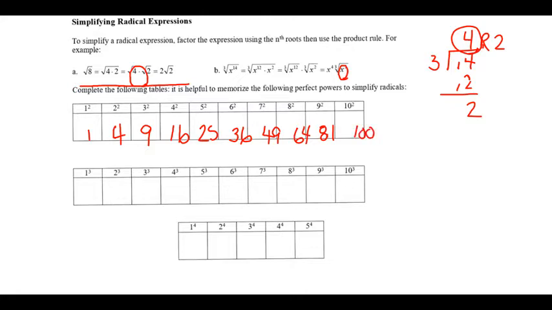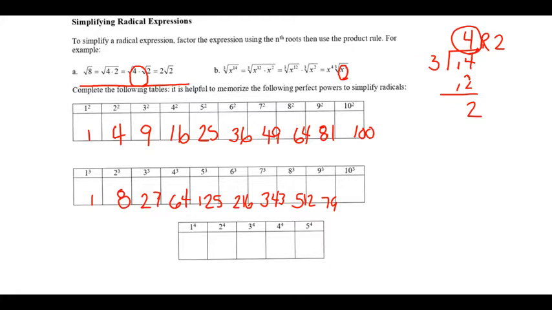Then we have 1 cubed is 1, 2 cubed is 8, 3 cubed is 27, 4 cubed is 64, 5 cubed is 125, 6 cubed is 216, 7 cubed is 343, 8 cubed is 512, 9 cubed is 729.